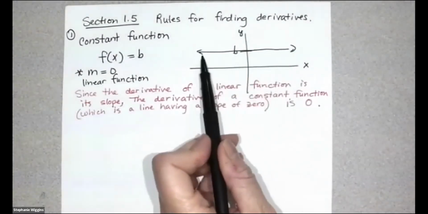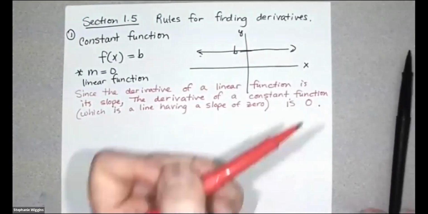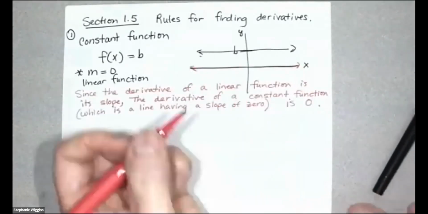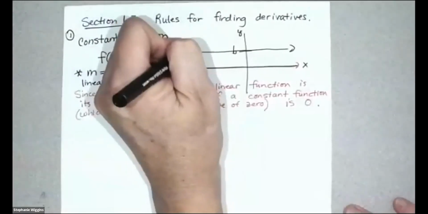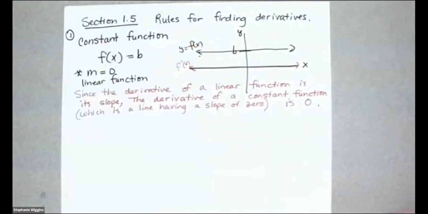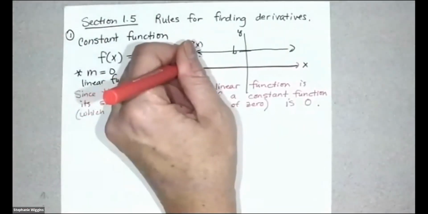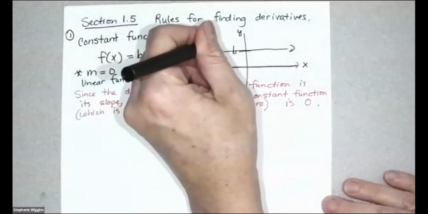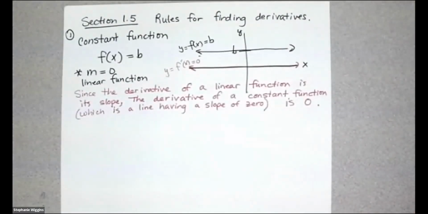Here's the original function f, the constant function, and the derivative is the x-axis right there. Pretty simple. All right.